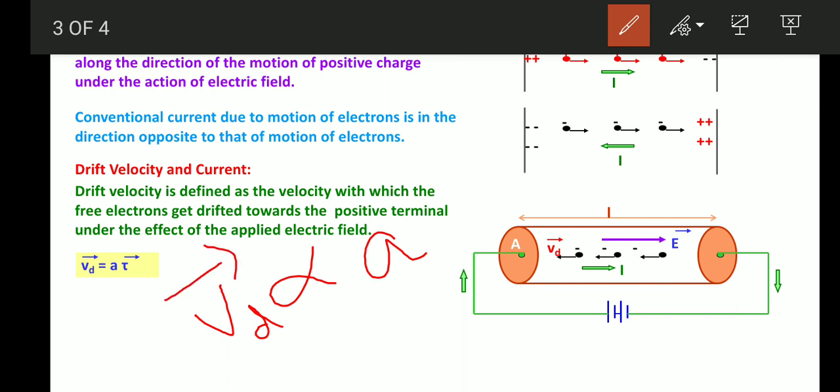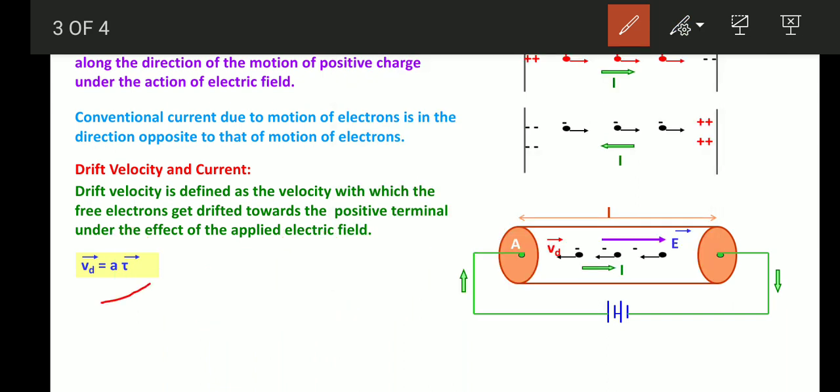The proportionality is removed with a constant called tau, the relaxation time: how much time the electron takes to travel between one terminal and the other. So we obtain the relation Vd is equal to a tau. Then what is a? Acceleration.